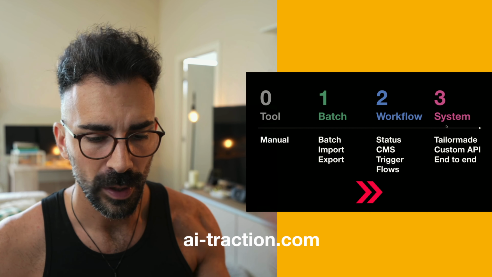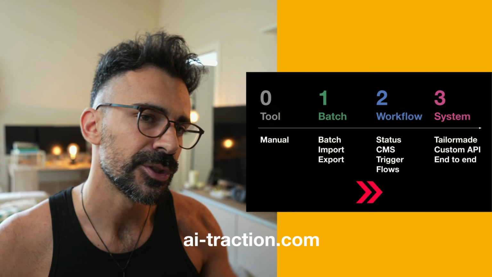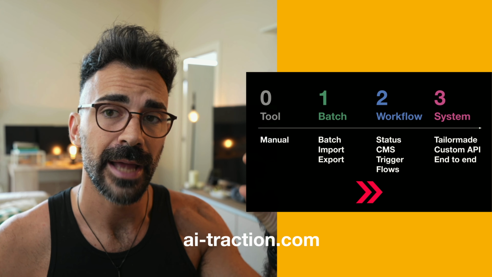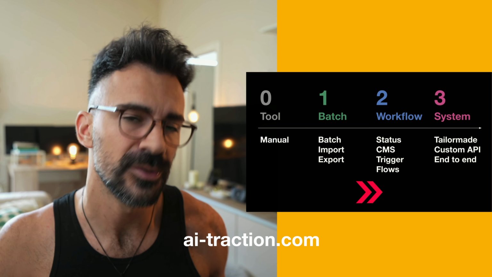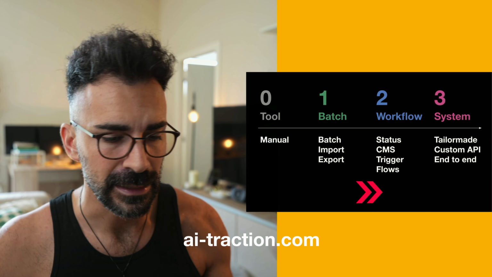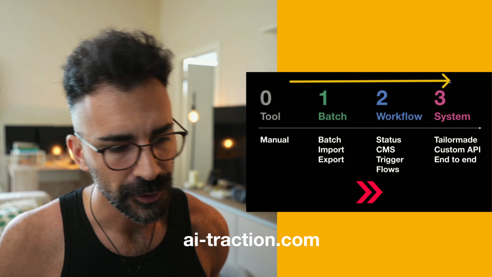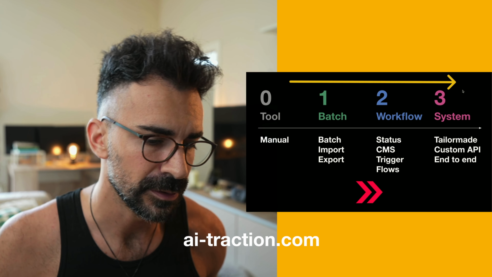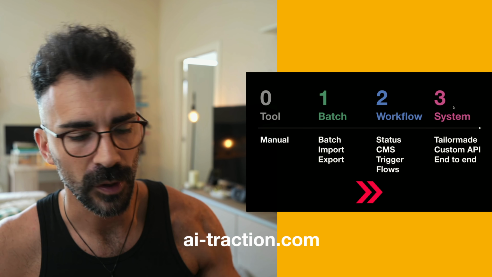I'm talking about Coca-Cola using AI to generate a tailor-made solution for creating ads, very personalized ads, Netflix recommendation engine, and many cases like that. So this is the final solution. So a level 3 AI automation, it's an entire system built as a software for the company.